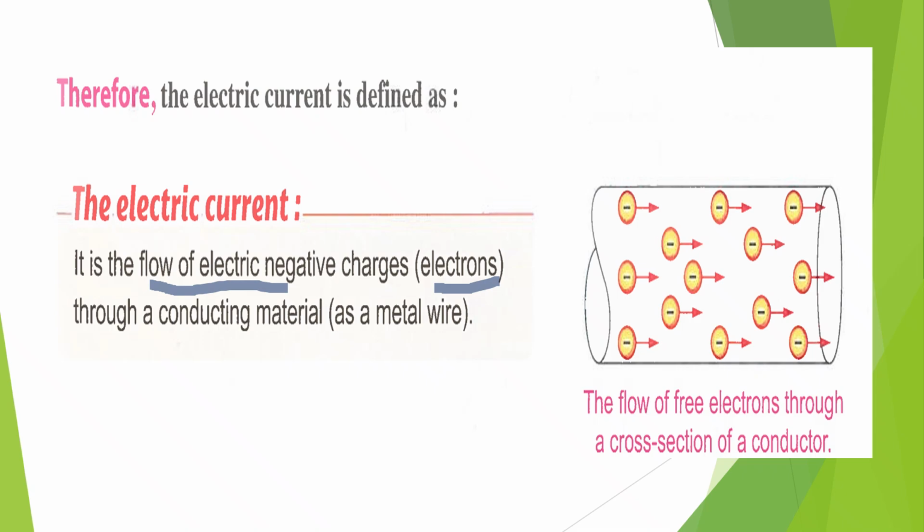The weak attraction force makes the electron more free. And as a more free electron, it can flow easily through the substance, which is a good conductor of electricity, like copper and all the other metals. Okay? So the electric current is a flow of electric charges, or the flow of electrons through a conducting wire or a conducting material.